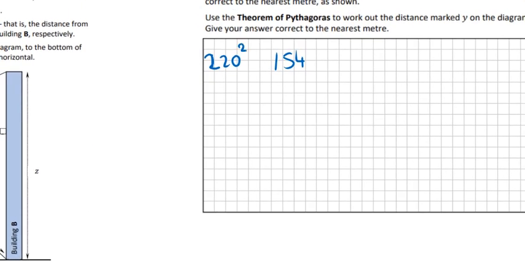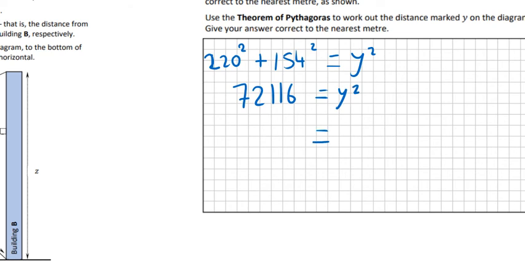So we're going to square both of them and add them together, and that should be equal to y squared. If you square them and add them together, you can put all that into your calculator. You're going to get 72116. That's equal to y squared.